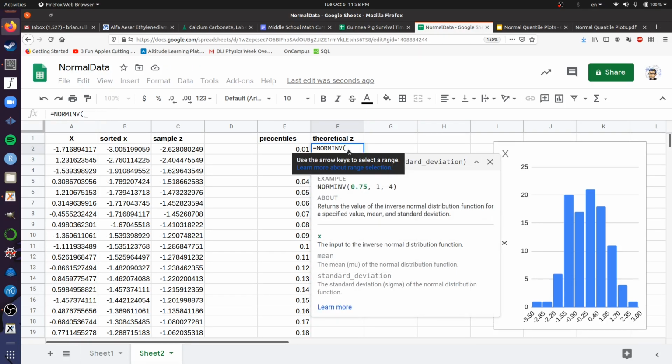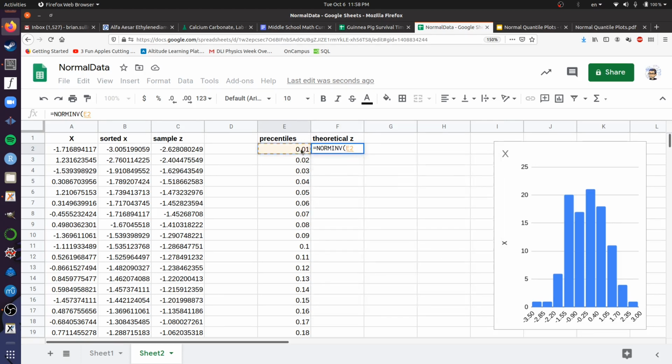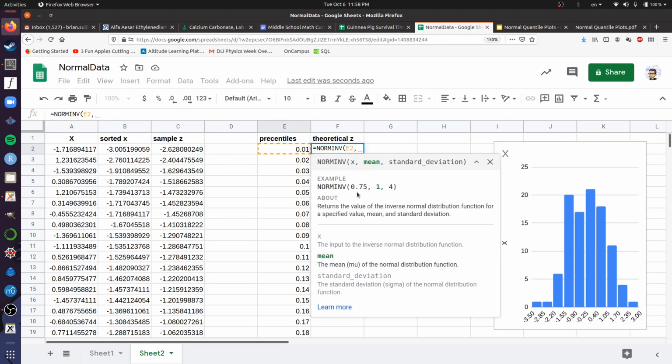Since we use norm dist to calculate a percentile from a z-score, we use norm inverse to calculate a z-value from a percentile. So we're going to take that value, and then here it's telling me the syntax. Since I've already standardized my data, I'm going to compare to the standard normal distribution, which is the one that has a mean of what? Of 0, and a standard deviation of 1.